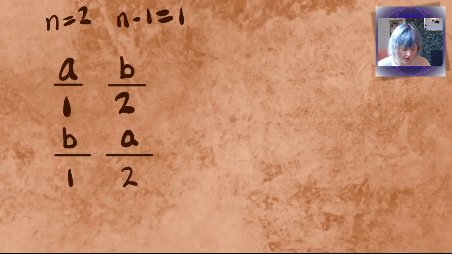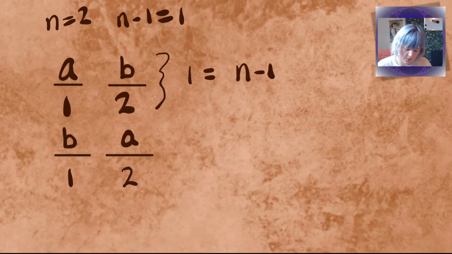We could say that we ended up with one arrangement here, which is equal to n minus 1, and one arrangement here, which is equal to n minus 1.